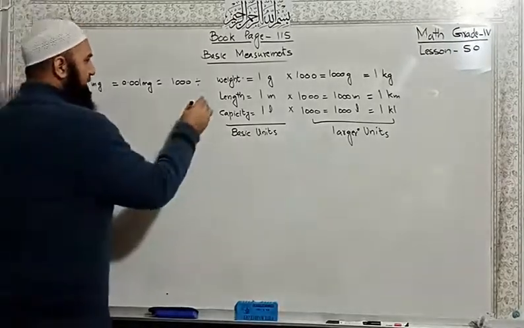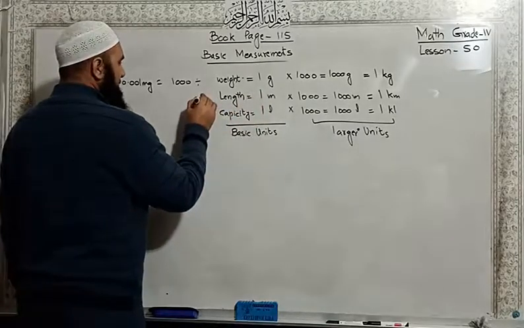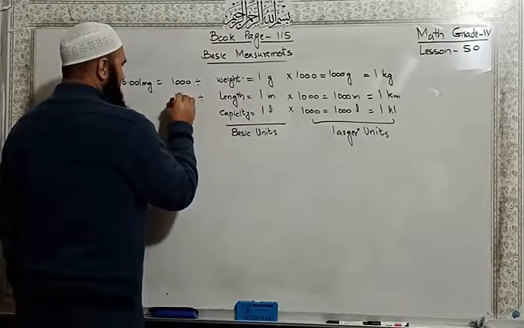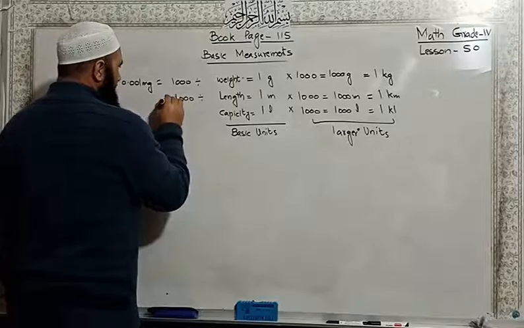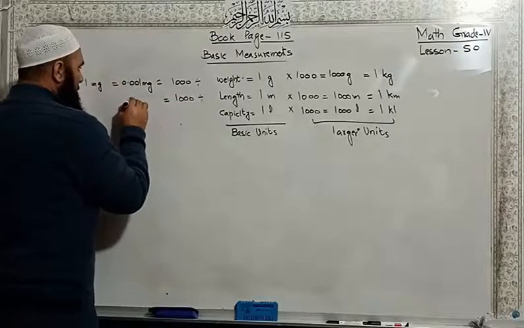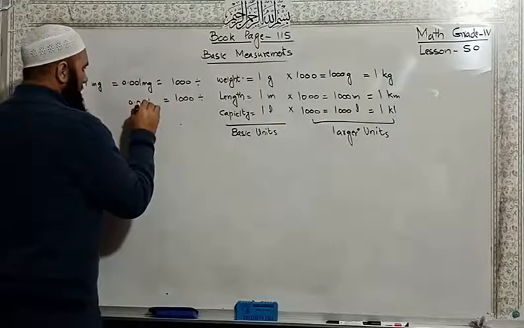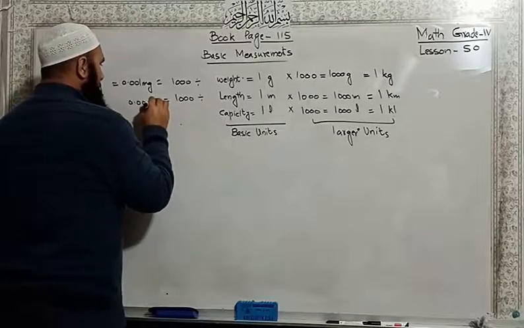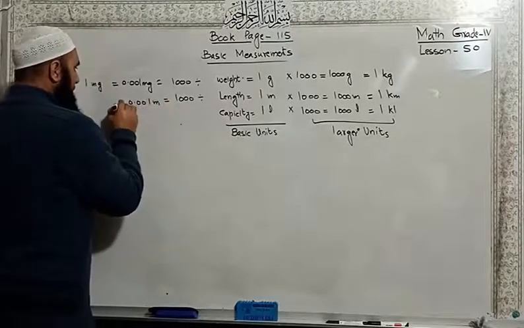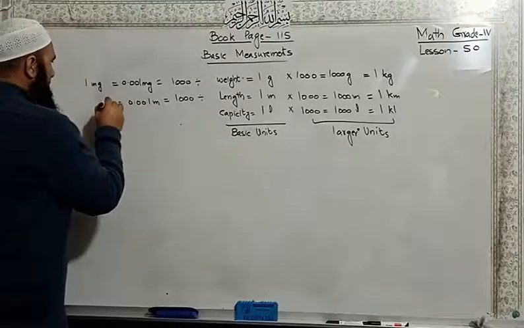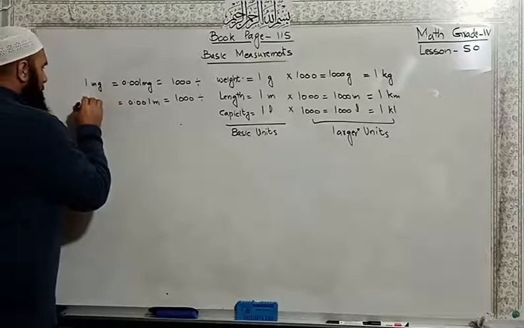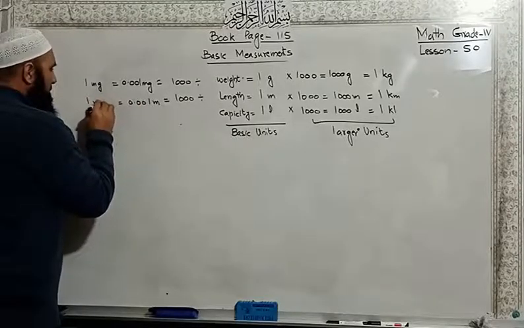And if we divide 1 meter length by 1000, this will be 0.001 meter, and this simply becomes 1 millimeter.